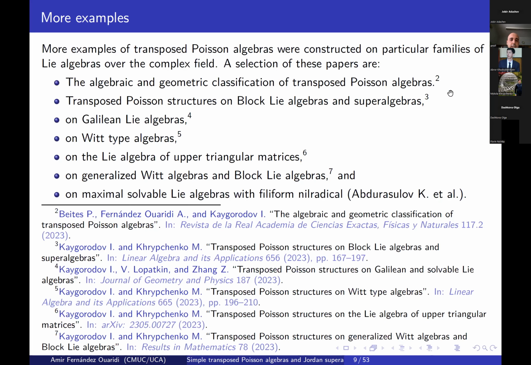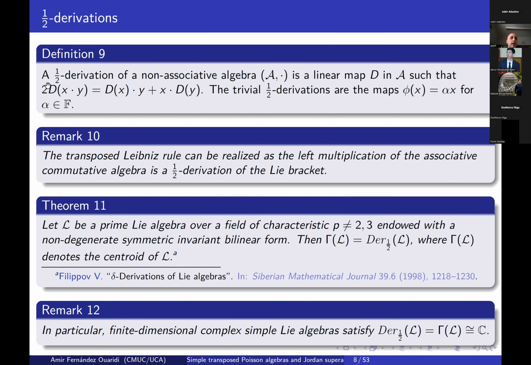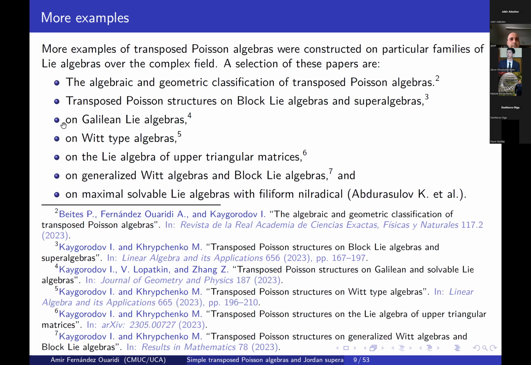Now, using this idea of the 1/2 derivation that was used for the previous theorem, other examples of transposed Poisson algebras were constructed on other particular families of Lie algebras over the complex field. For example, a selection of these papers are the following.